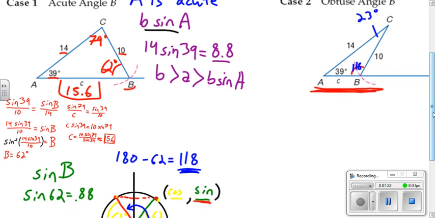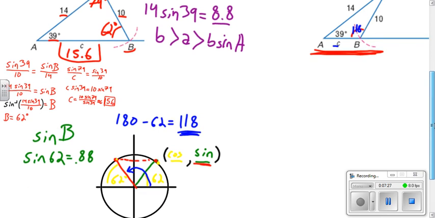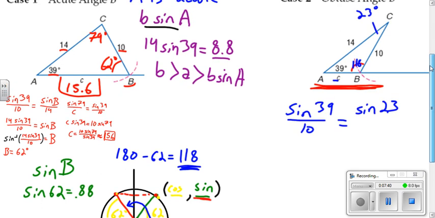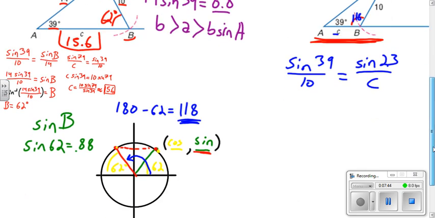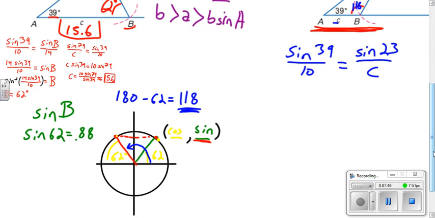Now the only thing left to solve for is our side C. And to do so, we can just say then sine of 39 over 10 equals sine of 23, because that's what we said was angle C, it's 23, over our C value. Cross multiply and divide leaves us with C sine 39 equals 10 sine 23.